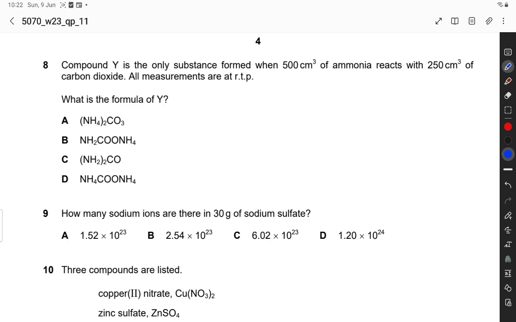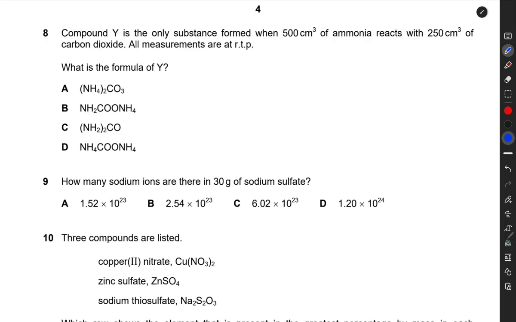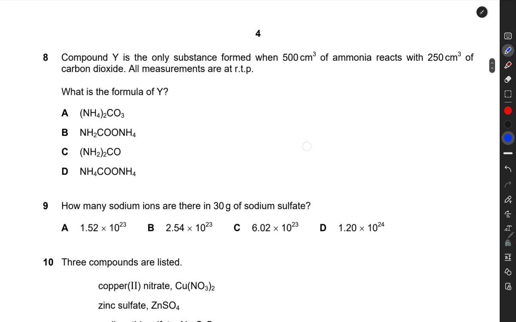All measurements are at room temperature and pressure. What is the formula of Y? We know 500 cm³ and 250 cm³. Ammonia is a gas, carbon dioxide is also a gas.